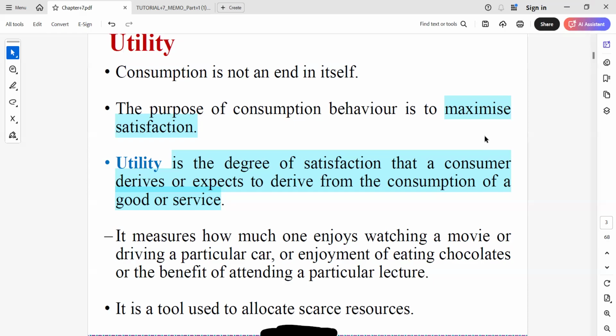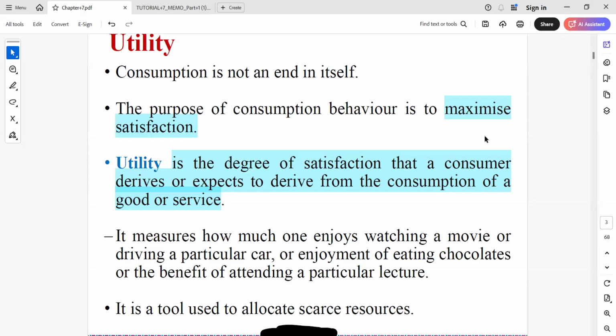So your first satisfaction, we just give it 50, your second satisfaction, we give it 65, and so on. Those numbers which we give to your satisfaction in order to measure it, we call utiles.